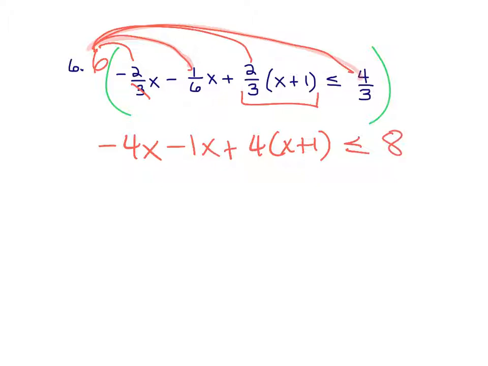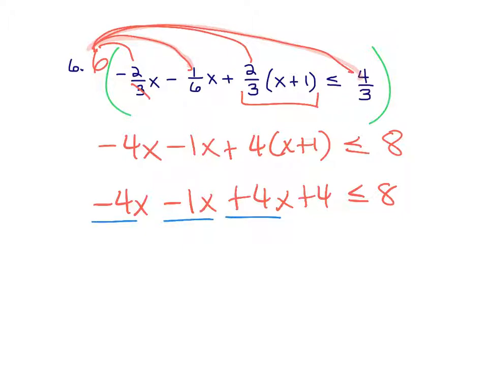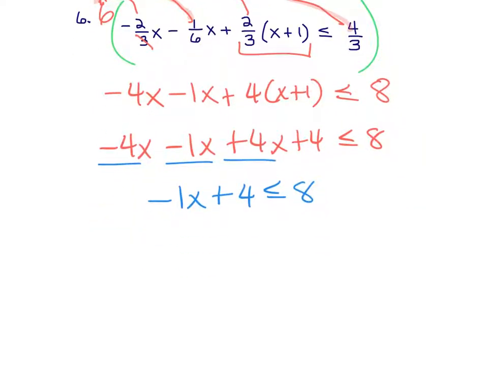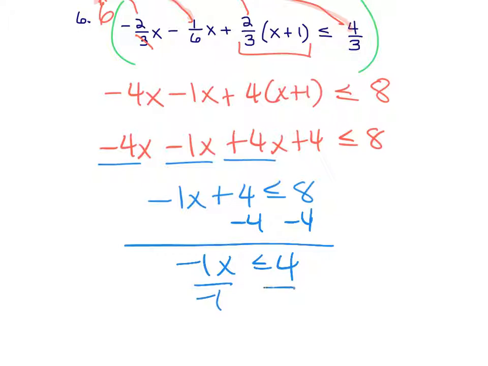Now I'm going to distribute 4 times x and 4 times 1. I'm now going to combine like terms. So negative 4, negative 1, and positive 4 leaves me with negative 1x plus 4 less than or equal to 8. I'm going to move the 4, subtract it, divide by negative 1.